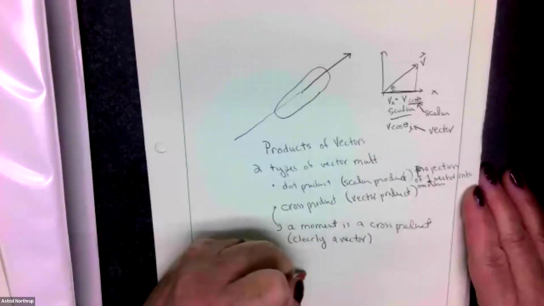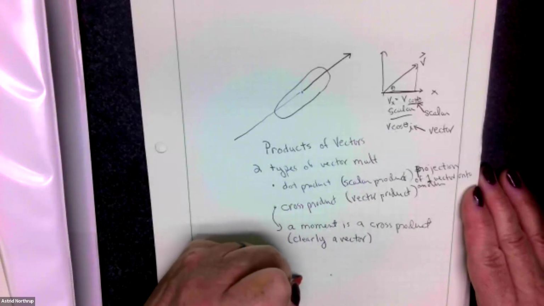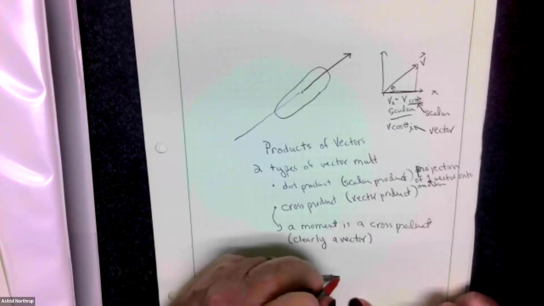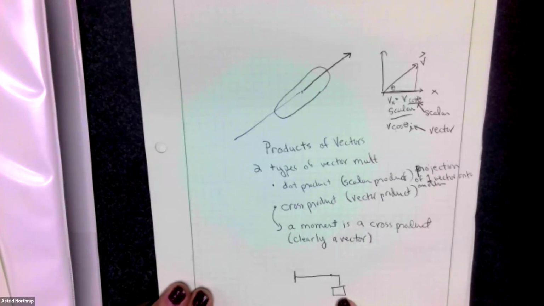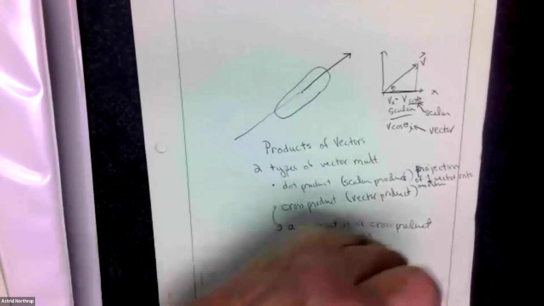Okay, so what that means is, let me do something relatively simple. We have a boom anchored at the wall, and we have a sign hanging down from this boom or beam or support.